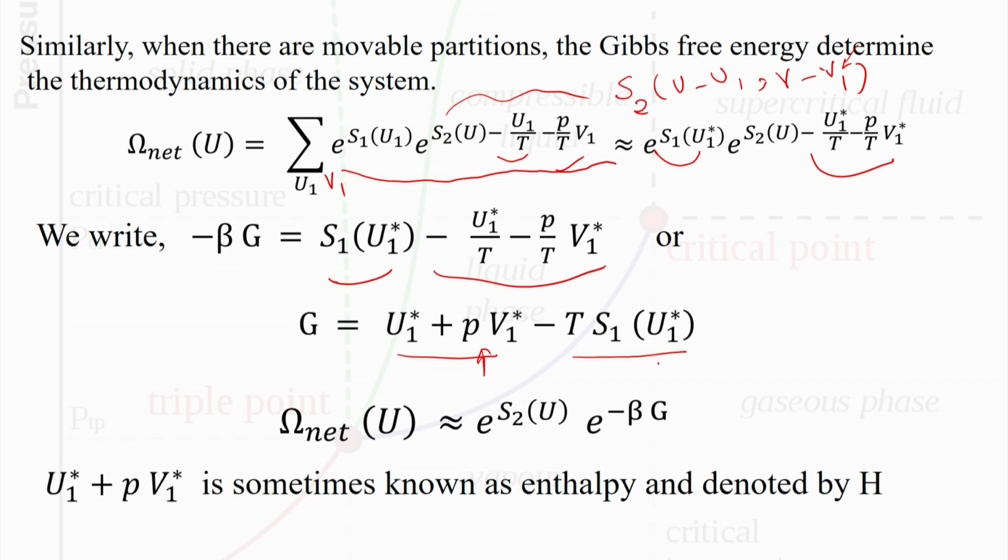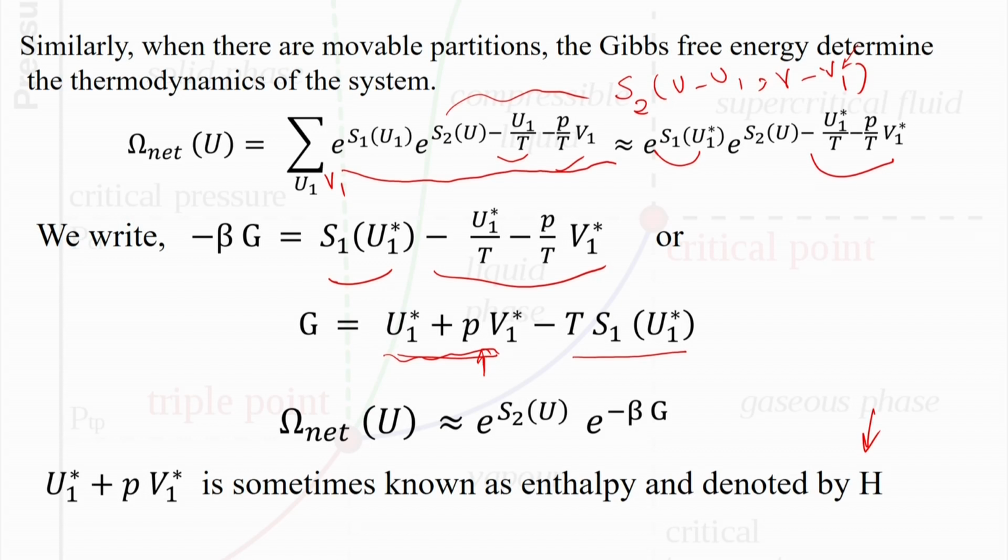So, this is called Gibbs free energy, and this term here has a special name, it is called enthalpy, and it is sometimes denoted by H. In other words, Gibbs free energy is enthalpy minus Ts, just as Helmholtz free energy was internal energy minus Ts. You can imagine that enthalpy takes on the role of internal energy when you allow volume to fluctuate.